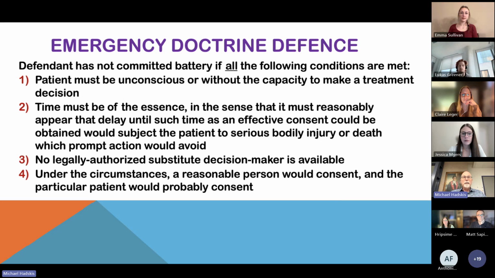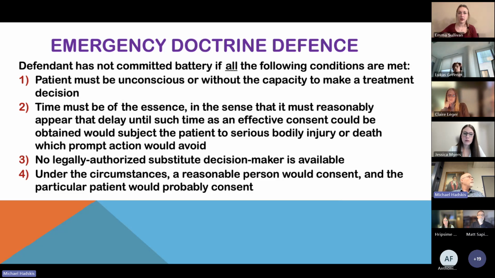Now, keep in mind that that's certainly enough to establish that first element, but it's "or without the capacity to make a treatment decision." So in some other cases, someone might show up to emergency, for example, completely inebriated, where although they are conscious, they lack the capacity to understand and appreciate the medical information, and therefore may lack capacity.